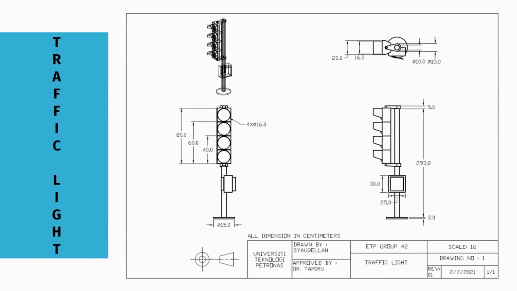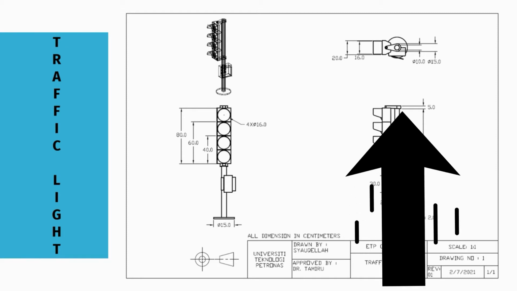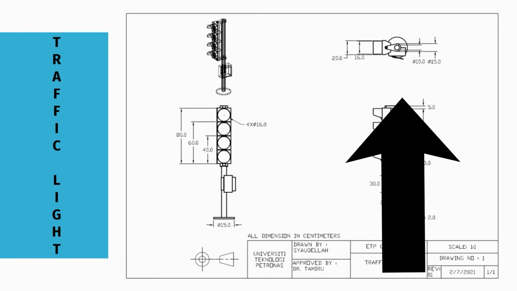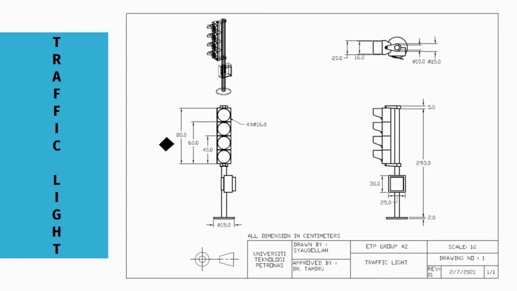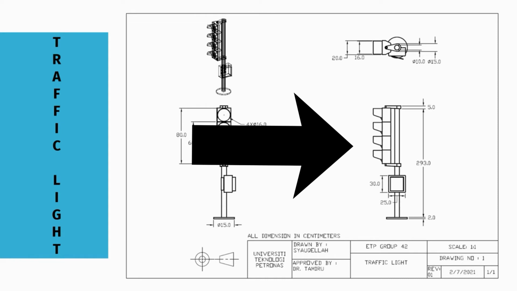Okay, so next is the traffic light drawing, which is also done by Mr. Shakila using the AutoCAD software. As we can see in this picture here, the drawing is also clearly dimensioned and labeled. In this drawing, the top right is the top view of the traffic light, the bottom right is the side view, and the bottom left is the front view.